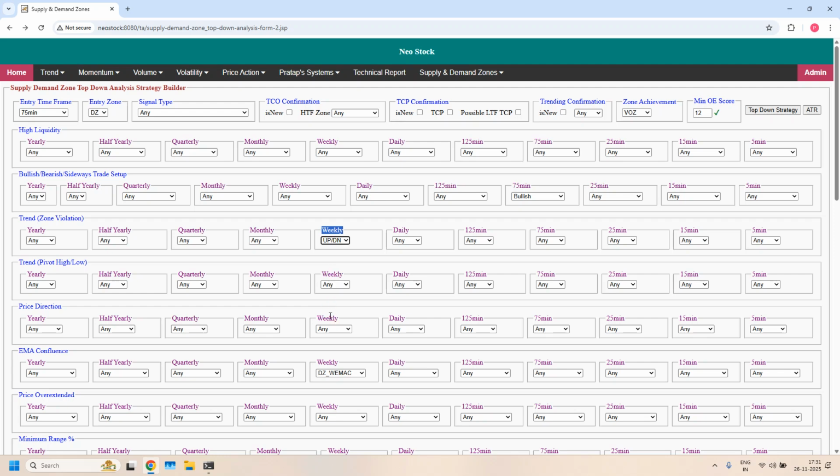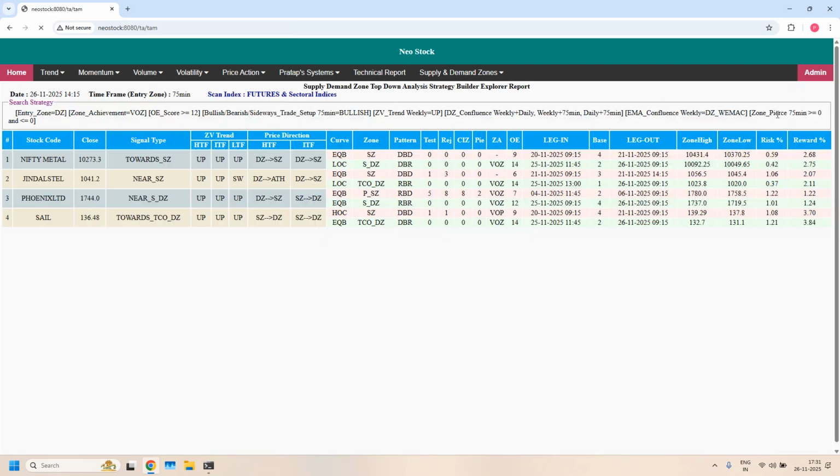Sorry, it should be uptrend because it is a bullish trade setup. Let's filter. We got 4 stocks. All the 4 stocks, all these 75 minutes demand zones, you can plan the trades, provided less than 20 checklist items are satisfied. Otherwise, higher chances of zone violation.